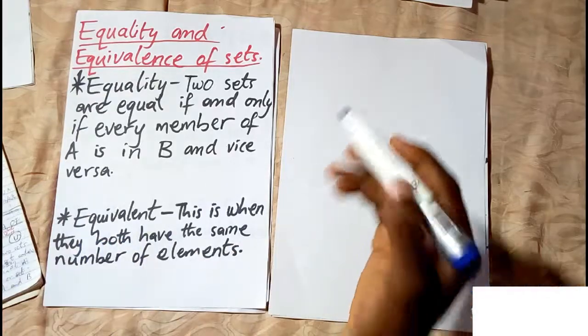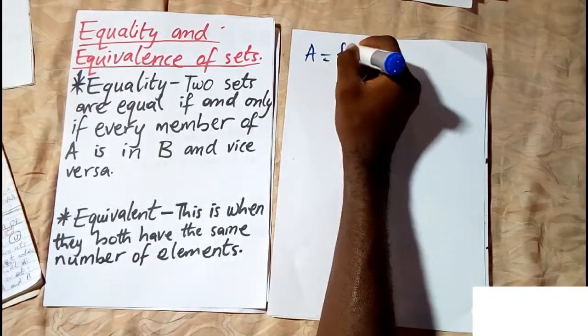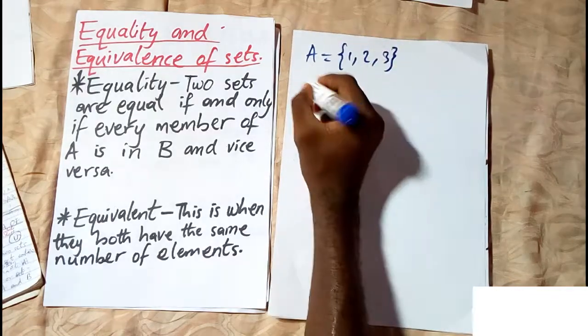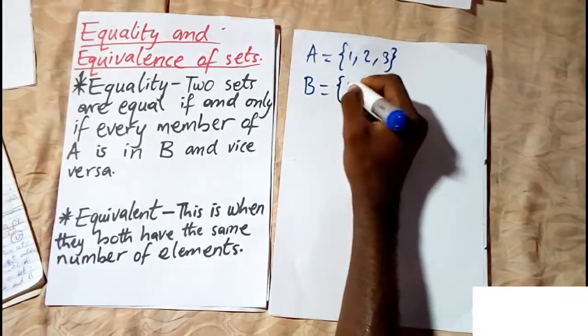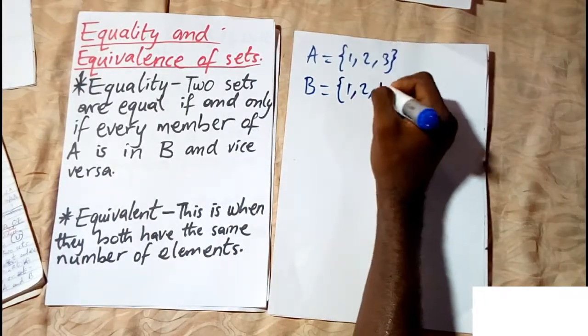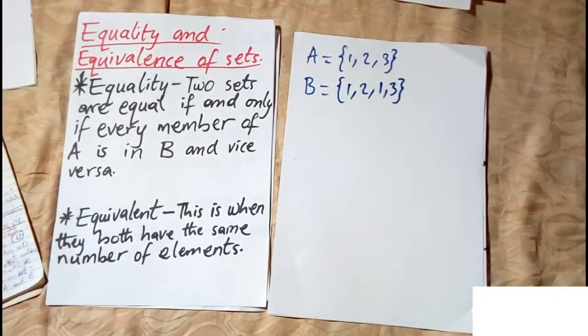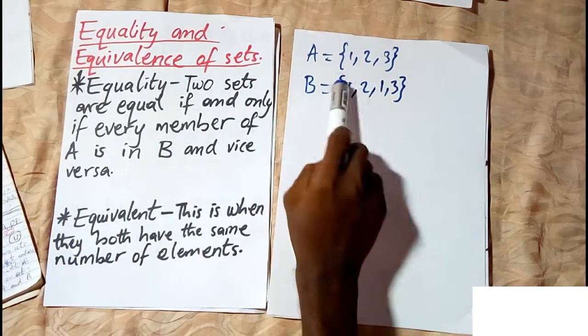We have a set A equal to {1, 2, 3} and a set B equal to {1, 2, 1, 3}. In a set, repetition does not matter.